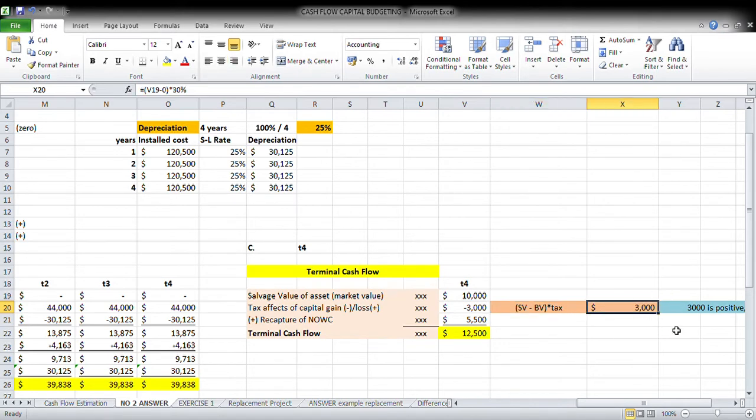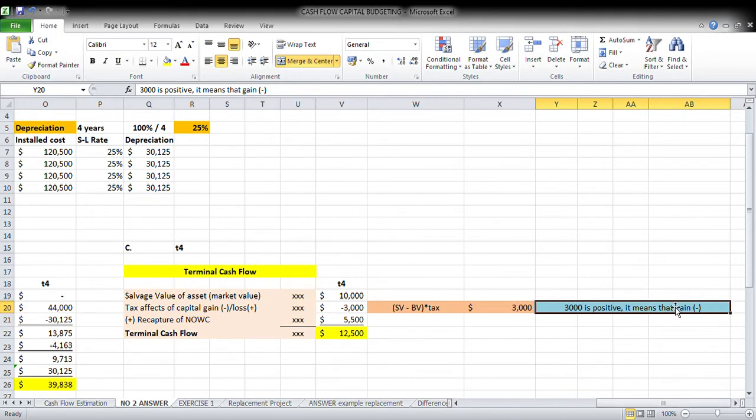Since 3,000 is positive, we got a gain. If we got a gain, we should put it as minus. If we got a loss, we should put it as plus.